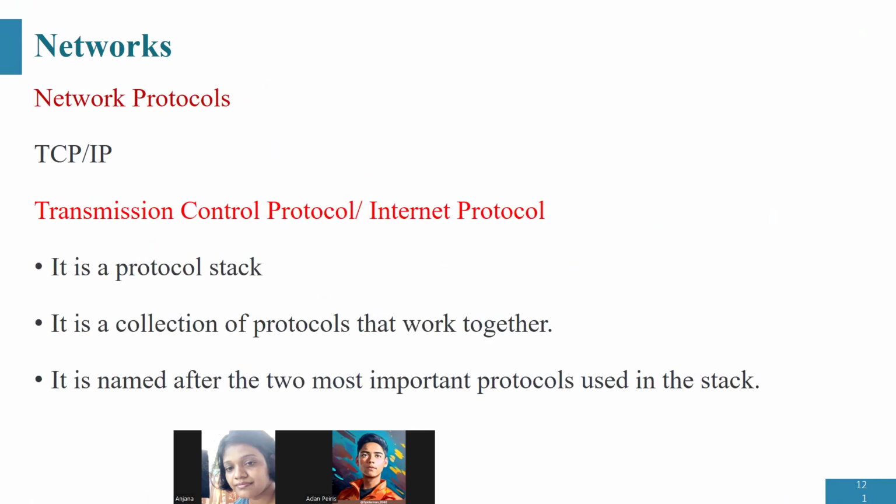When you come to here also, it's separate, but it works together with IP. So there are two collections of protocols. That's what they mention as the TCP/IP protocol. That's the name of that stack.